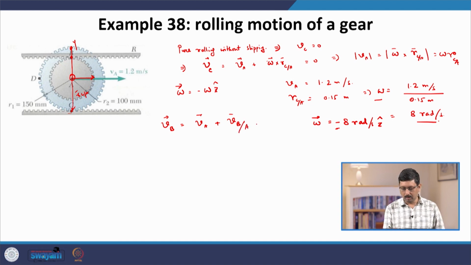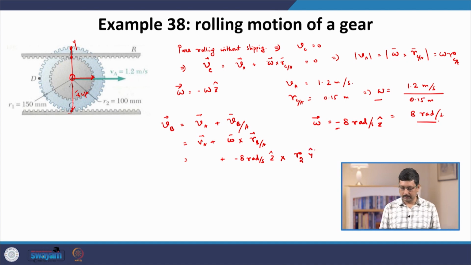So the relative velocity of the point B with respect to A: V B is equal to V A plus omega cross R B A, the location of B with respect to A. Omega is minus 8 radian per second z hat, cross R 2 times y hat, since B is along the y axis, plus V A, which is 1.2 meter per second x hat.